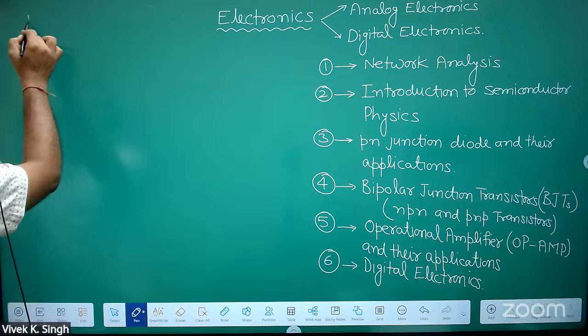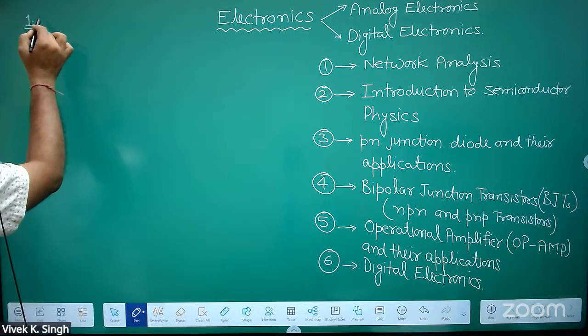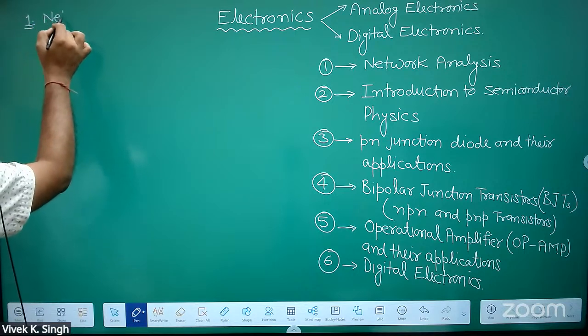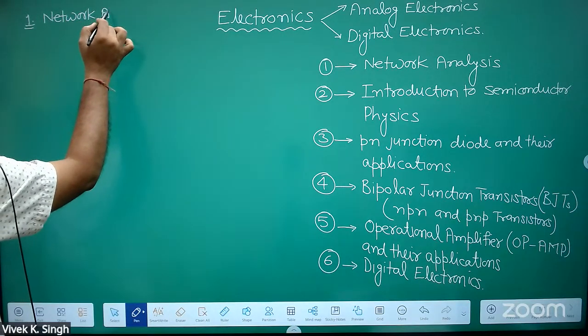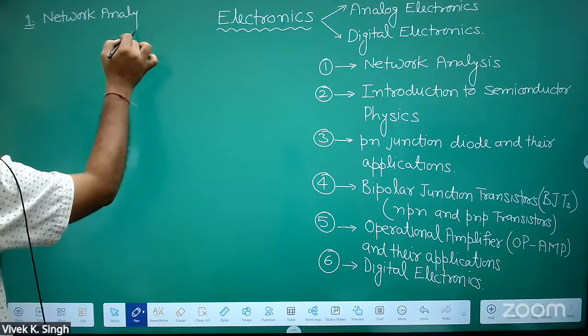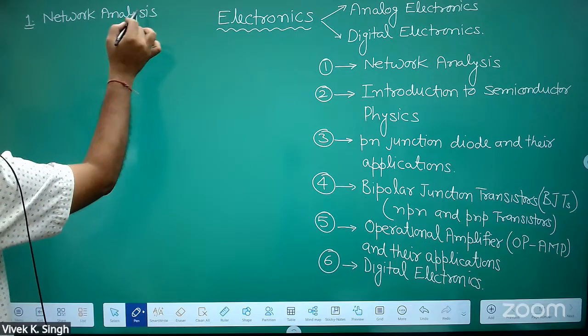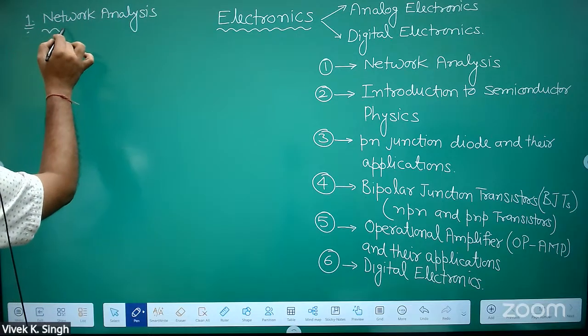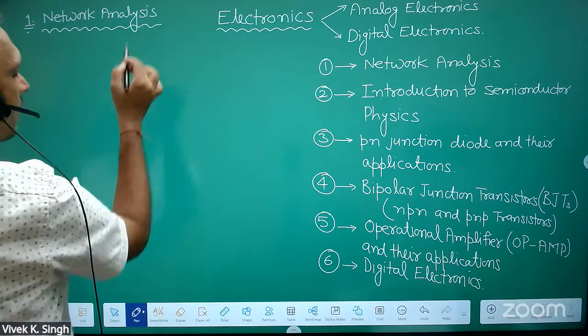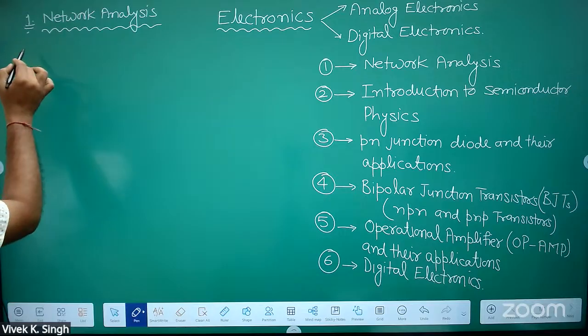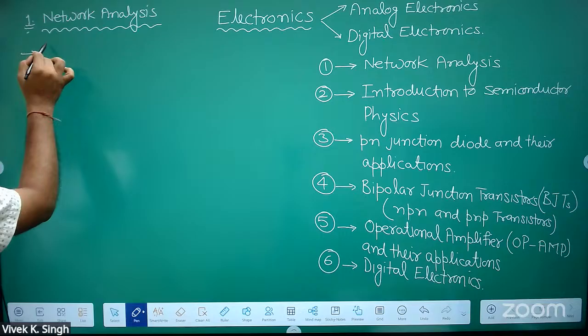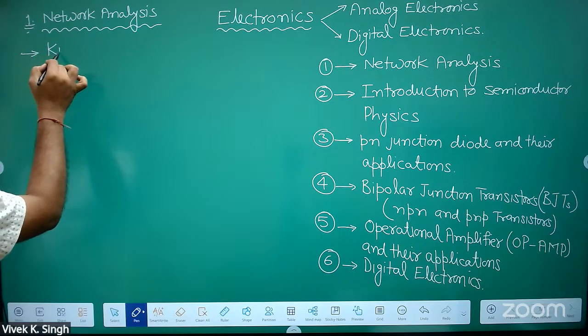Chapter 1, topic 1 is network analysis. So first you should know what is Kirchhoff's voltage law.